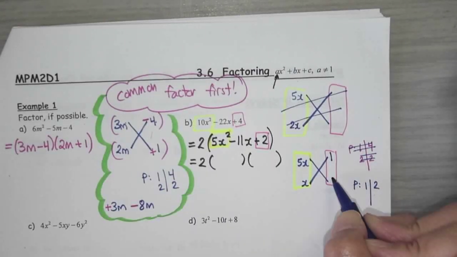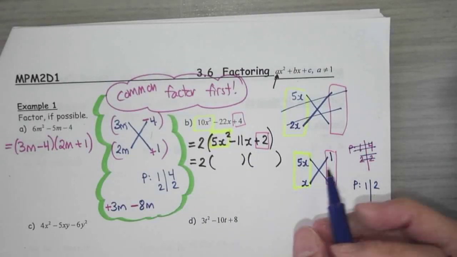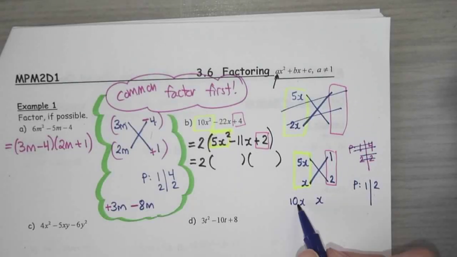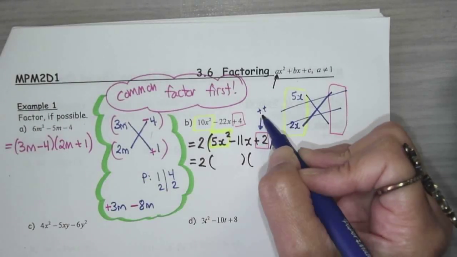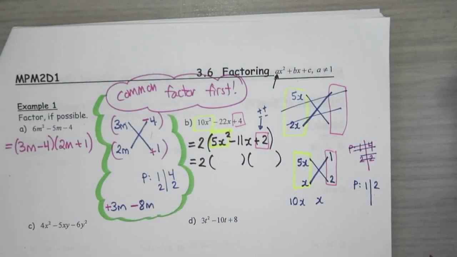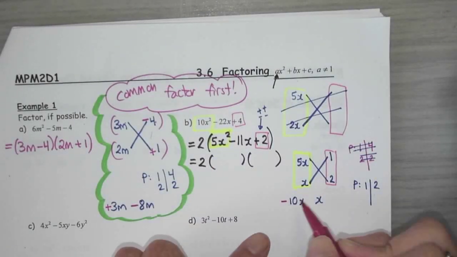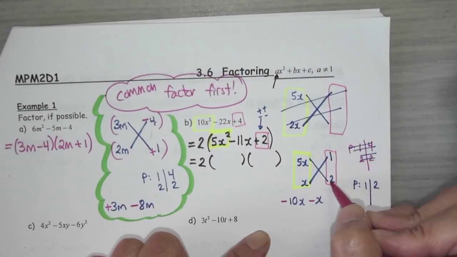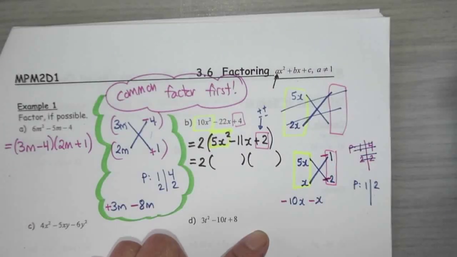If I put the 1 here and the 2 here, crisscross to get the middle. 5 times 2 is 10x. 1 times x is x. Can I do something with those two to get an 11? Knowing that this is positive, so it's positive, positive, or minus, minus. If it's positive, positive, or minus, minus, and it adds to be the negative, that would work. So that makes my 5 times 2 should be negative, and x times that should be negative.